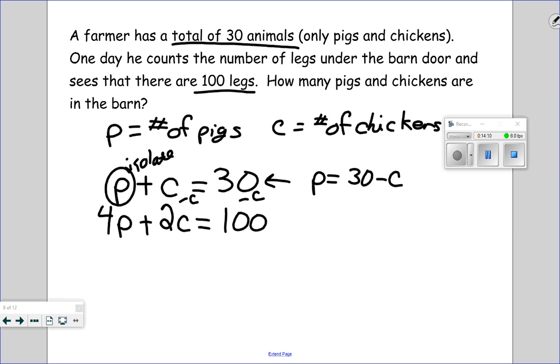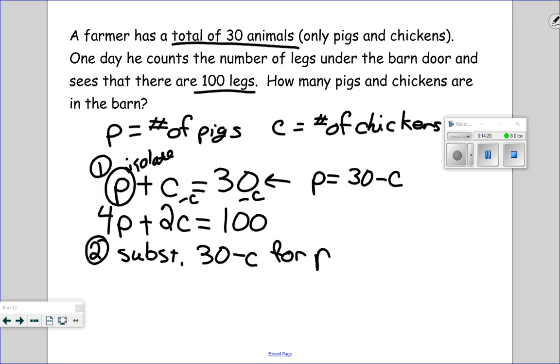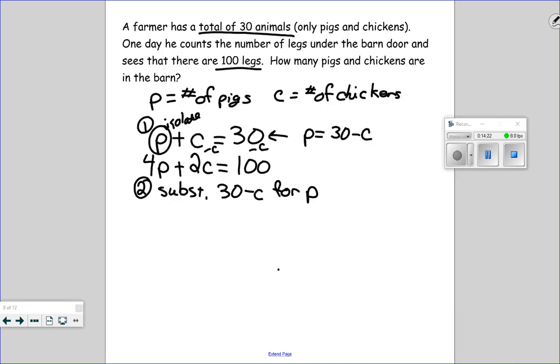Step 2 is where we substitute. We're going to substitute that 30 minus C in for P. Since they're equal, I can do that. That's the whole point. So I take this second equation, the one I didn't use already. Don't replace the 4. The 4 is still there.